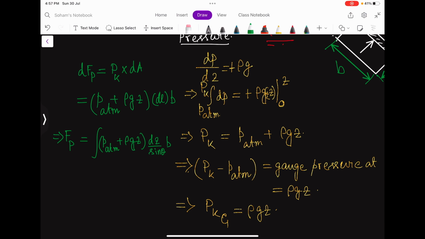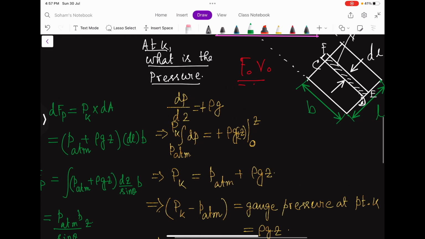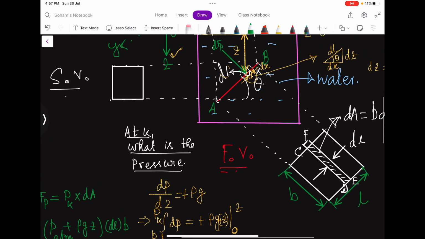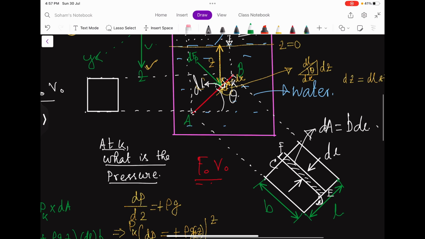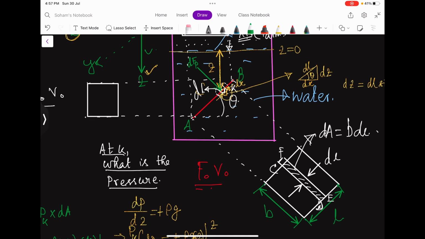So, if that is okay, now we have to integrate this. So P atm into b by sine theta into z, and the z limit is from this height to, okay, so I have to calculate the forces on the rod only.